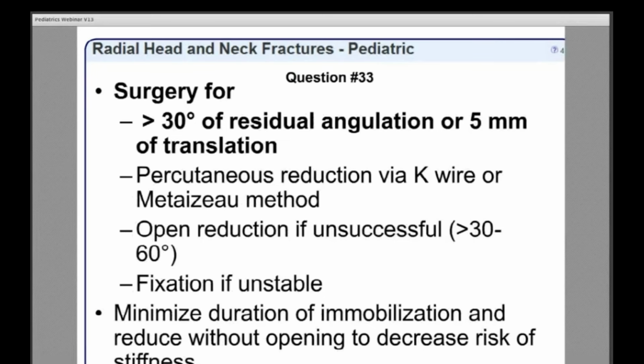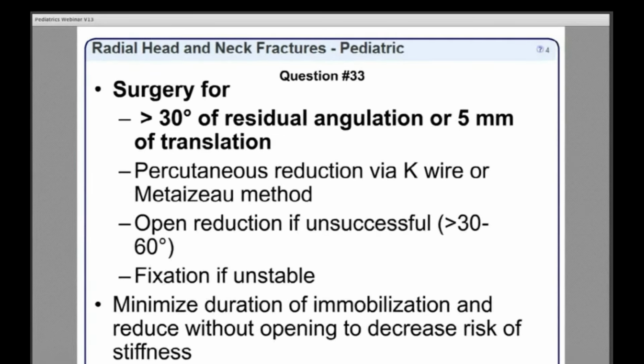After your closed reduction attempt, surgery is indicated for greater than 30 degrees of residual angulation or 5 millimeters of translation. This can be done percutaneously with the K-wire or the Metaizeau method. Open reduction can be performed if this percutaneous method or further closed reduction attempts in the OR are unsuccessful.